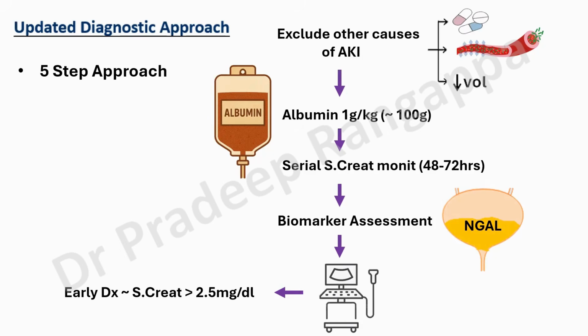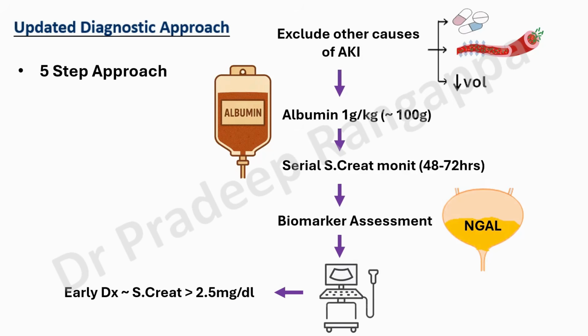Early diagnosis will help in reversal of acute kidney injury, and especially not allowing the creatinine to go more than 2.5 portends a good prognosis. So this is a simple diagnostic approach to HRS. The simplest rule: rule out the other causes, give albumin, and when you give albumin, your expectation is that serum creatinine should start improving.